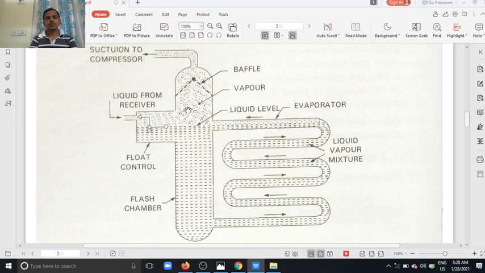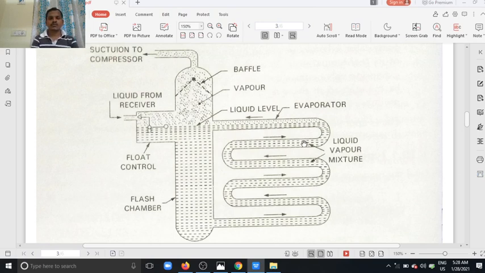So now this liquid refrigerant goes to the bottom, and in these evaporator lines it circulates and absorbs the heat from the refrigerated space.